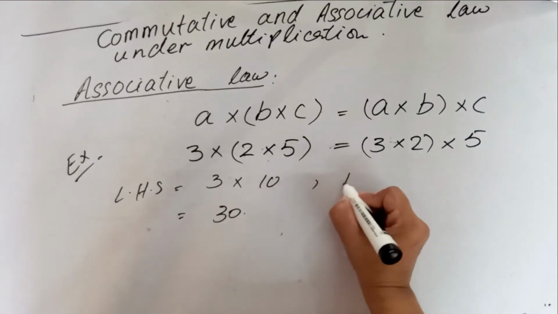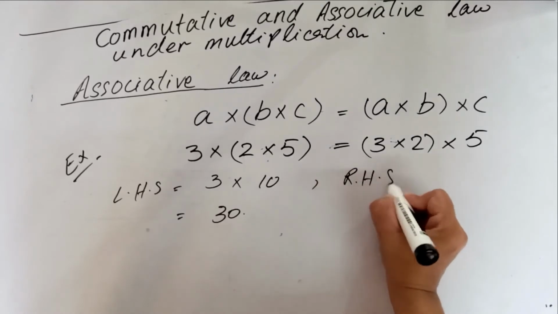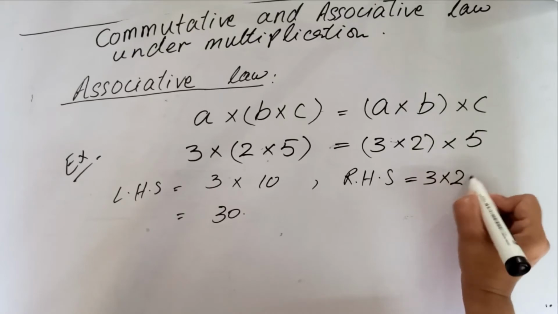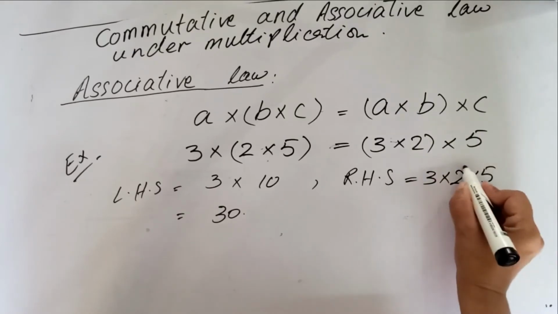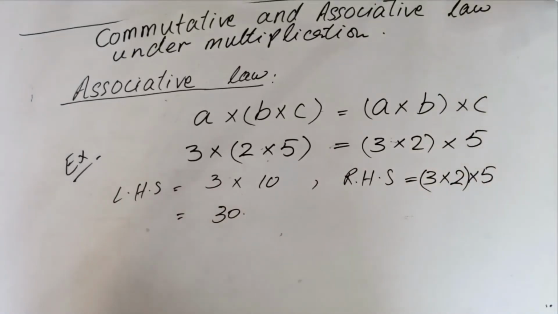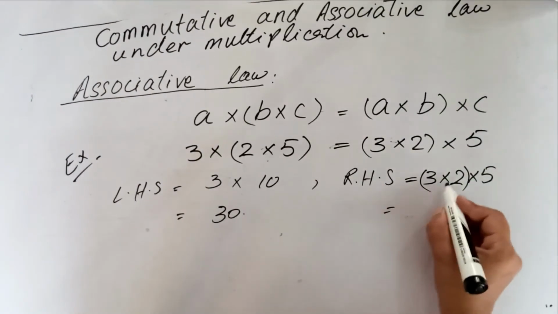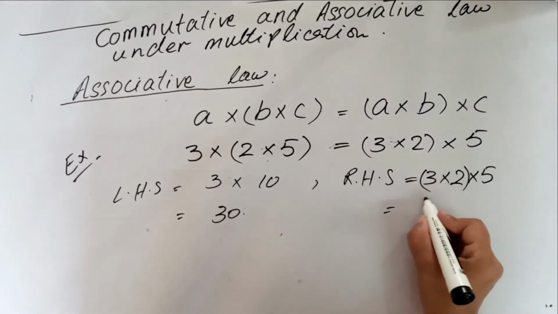Now I am taking right hand side, and my right hand side is (3 multiplied by 2) multiplied by 5. Inside the bracket. So first I have to solve the values in the bracket. 3 2s are 6.